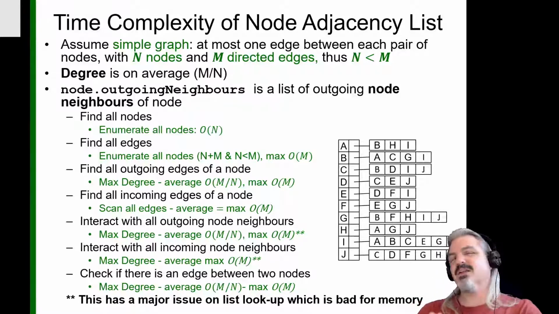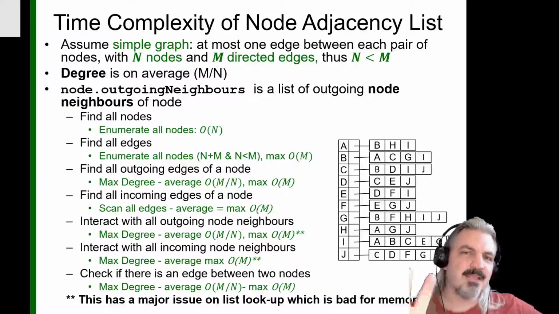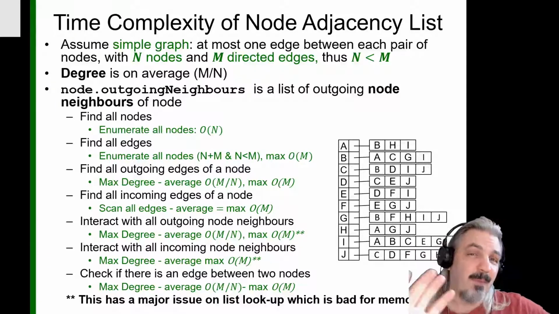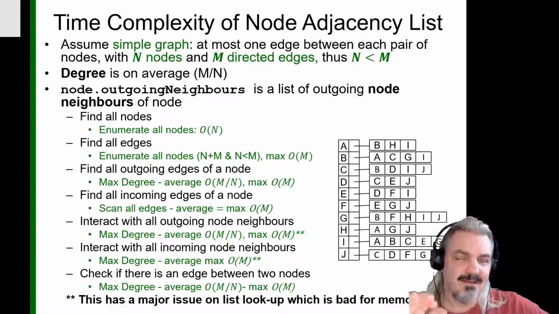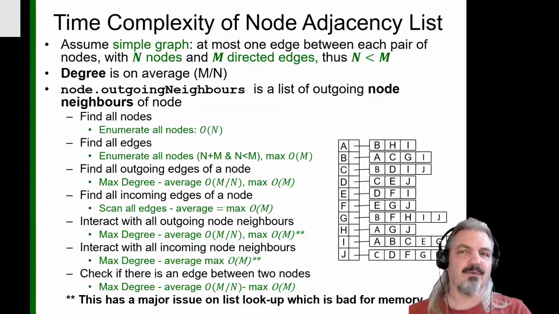Now, I put a double star next to the O notation there because this is where O notation falls over. And part of the reason why we need to, and we will, look beyond just O notation for understanding what's important about your data representation.